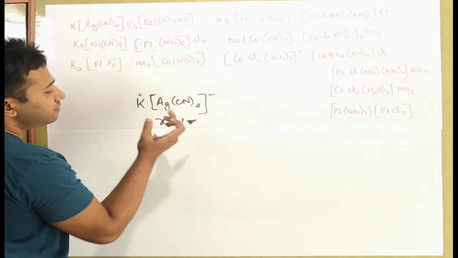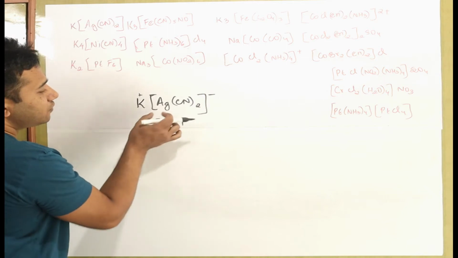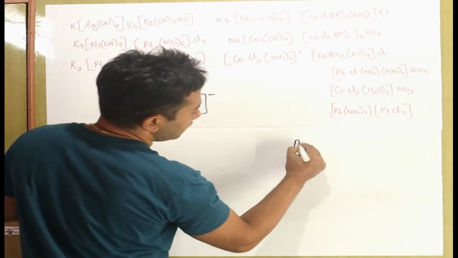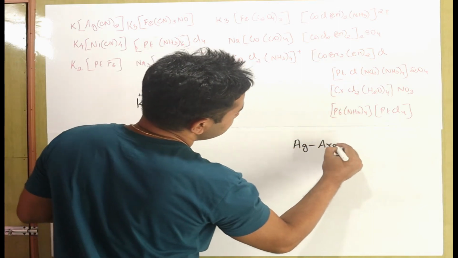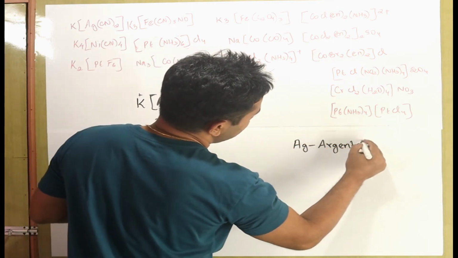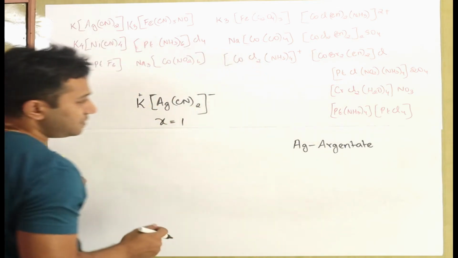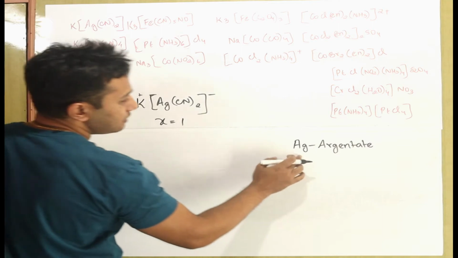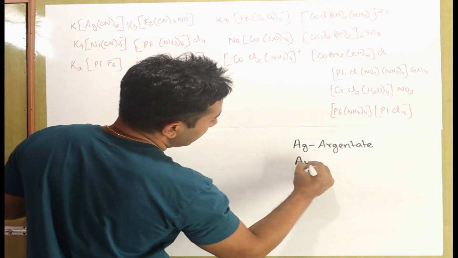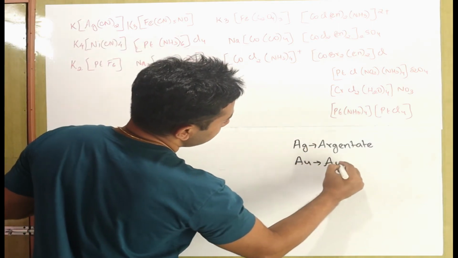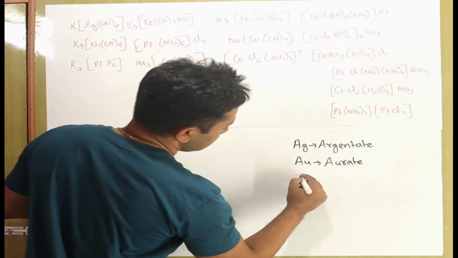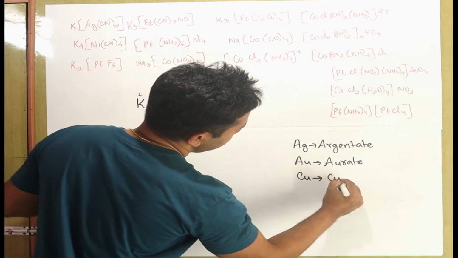We don't have silverate; for Ag we have argentate. If the coordination part is negative, for Ag we write argentate. For Au, we write aurate. For Cu, we write cuprate.